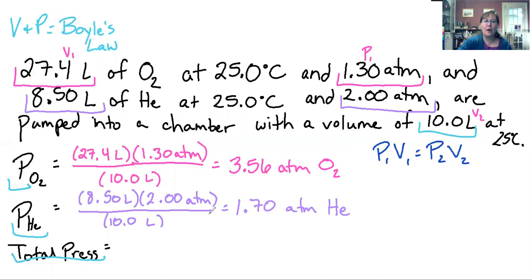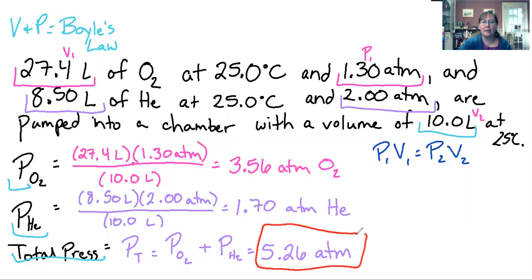Now remember the total pressure, Dalton's law says that P total is equal to the pressure of oxygen plus the pressure of helium. So that means we have 3.56 plus 1.70, and we get a total pressure of 5.26 atmospheres.